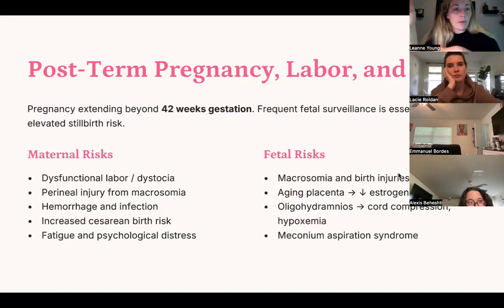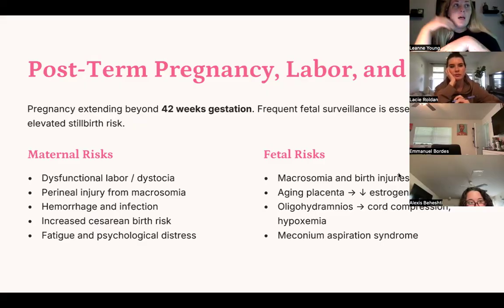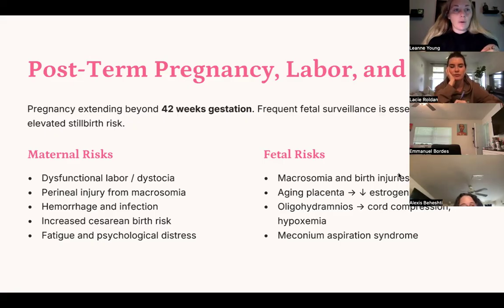Anything usually over 41 weeks, we see the maternal body system stopping the continuation of the pregnancy. They're not using as many of the maternal reserves to support the pregnancy as they had been earlier in gestation. So with oligohydramnios, we're not producing as much amniotic fluid, so that can lead to cord compression because we don't have as much of a cushion around that umbilical cord.